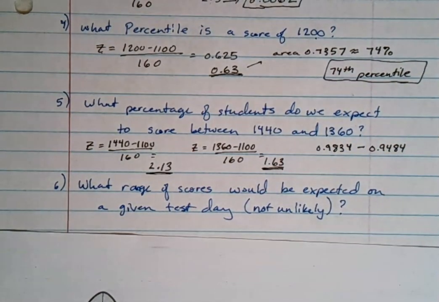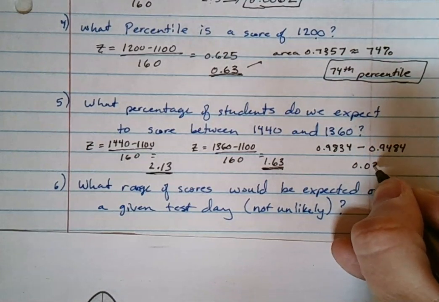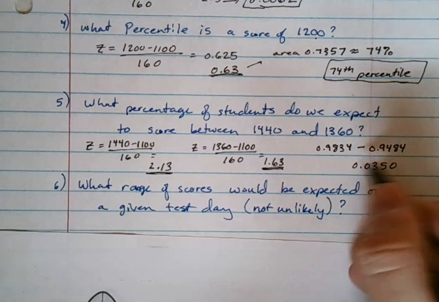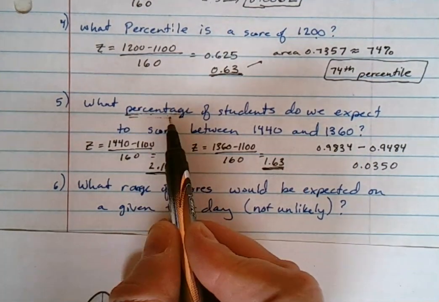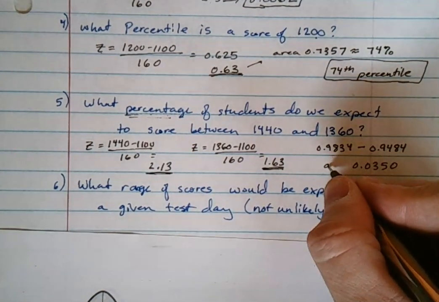And so if I say 0.9834 minus 0.9484, I get 0.0350. Okay, now that's the area. They ask me for a percentage, so we have to turn that area, so that's an area.